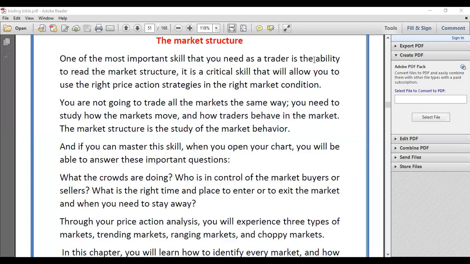It is a critical skill that will allow you to use the right price action strategies in the right market condition. Of course, it is the market structure that helps you to know the strategy to use, in knowing the direction of the market.